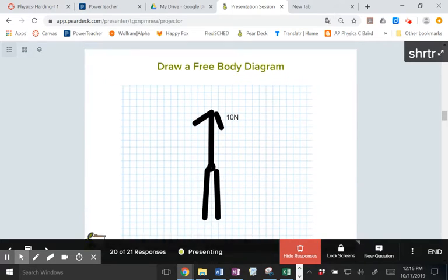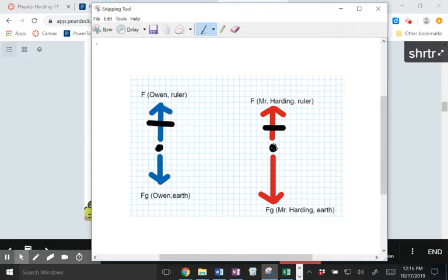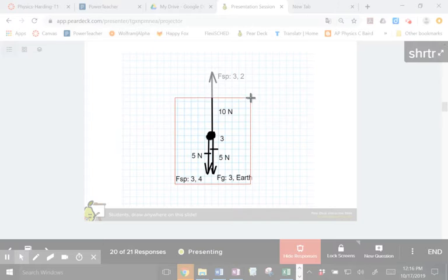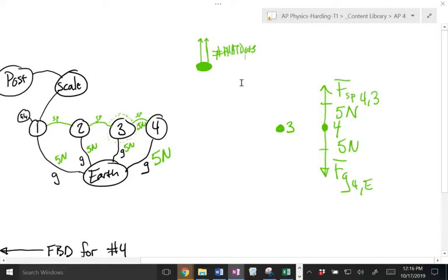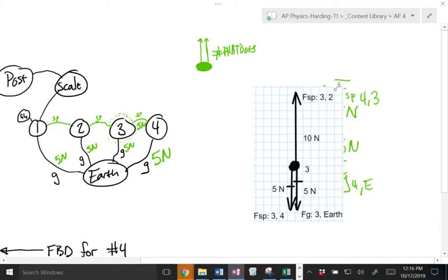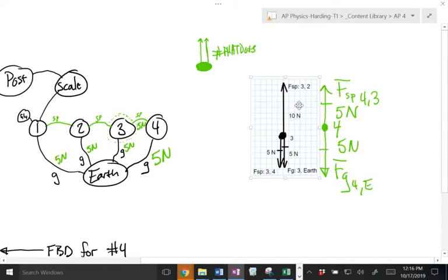Okay. So it looks like you're playing with us here. Let's go. Mr. Harding is too lazy to draw, so I'm just going to do this. Boop. And boop. All right. So for object 3, presently there are 1, 2, 3, 4, 5 newton arrows on here.